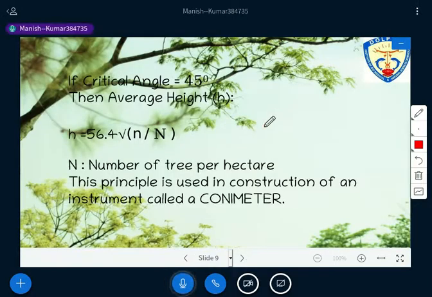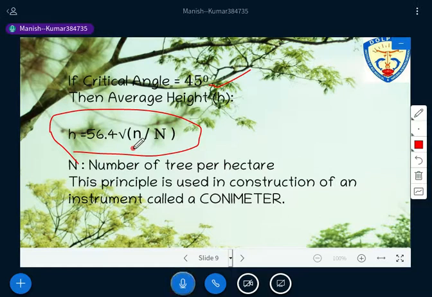And there is one condition that has to be developed here. If the critical angle is 45 degree, just take an example, then the average height will be h equals 56.4 under root N by n. Again the capital N is the number of trees per hectare, and n, you all know, is the number of trees in that particular area where you are performing your vertical point sampling exercises.